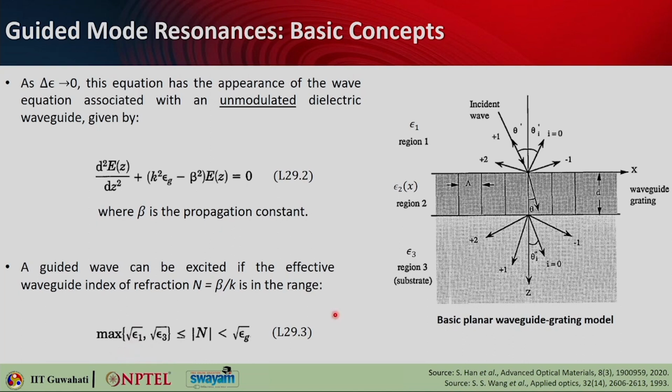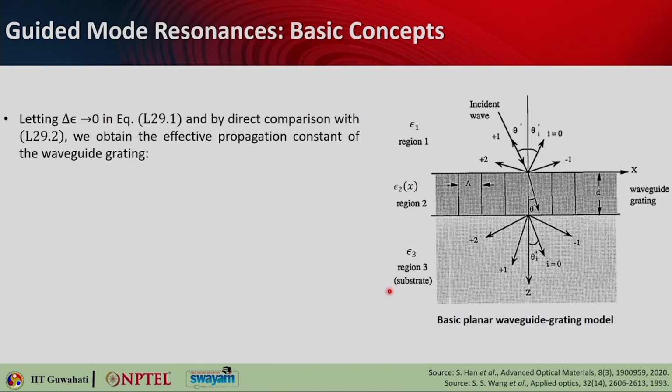So, this is how you can ensure that the mode will be propagating guided. Okay. So, this is a very common kind of requirement that comes from waveguides that you can study in any other course.